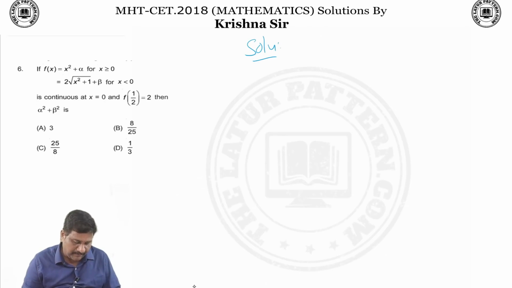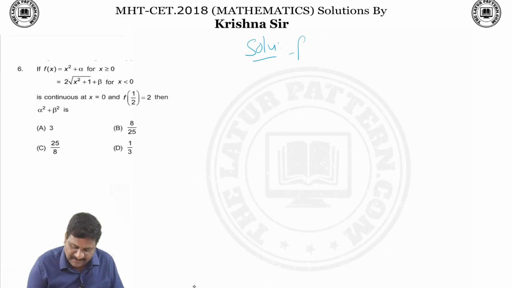So given problem, f of x is equal to x square plus alpha for x greater than 0, and 2 into root over x square plus 1 plus beta for x less than 0, is continuous, and f of 1 by 2 is equal to 2. Find alpha square plus beta square. So f of x is continuous at x equal to 0.